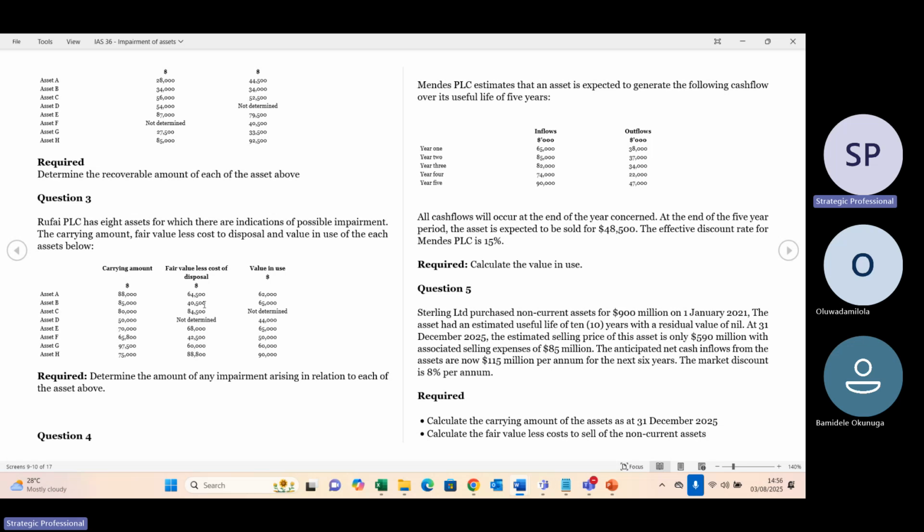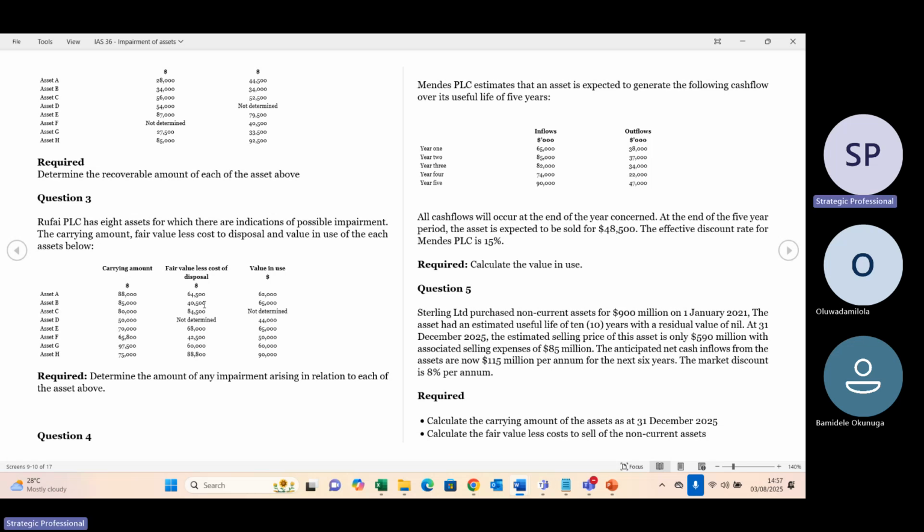But if the examiner is not silent, for instance, the examiner says that it is post-tax cash flow, what you are expected to do is work back to pre-tax cash flow. IAS 36 specifically recommends that in calculating your value in use, you must use only pre-tax cash flow.